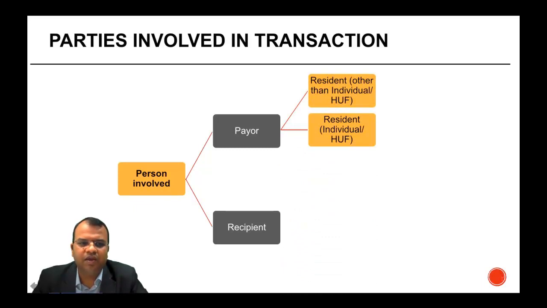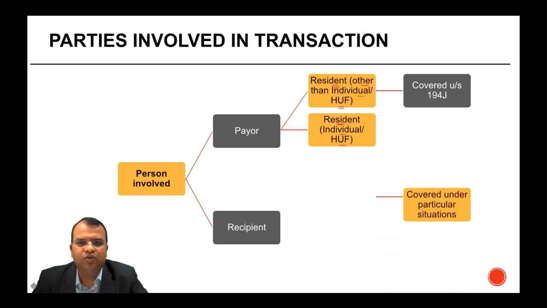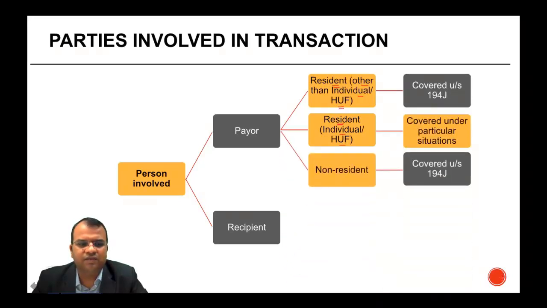Now, a payer may fall in three categories insofar as section 194J is concerned. The payer could be a resident, but a person other than an individual or HUF. The payer could be a resident who is an individual or HUF, or the payer could even be a non-resident. That's the third category.